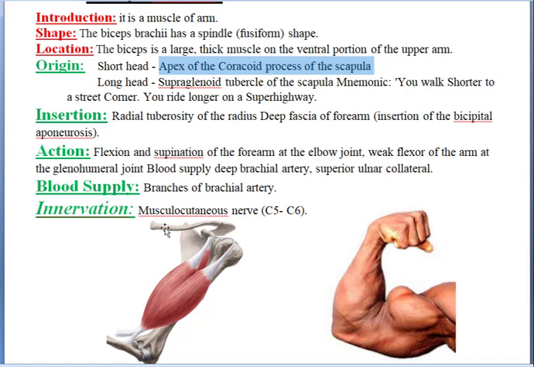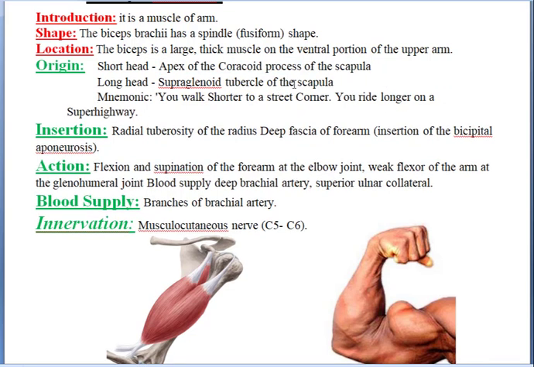And about the long head of it, it arises from the supraglenoid tubercle of the scapula. So the biceps brachii muscle gets its origin from two parts, the coracoid process of the scapula and the supraglenoid tubercle of the scapula. Next, what is its insertion?